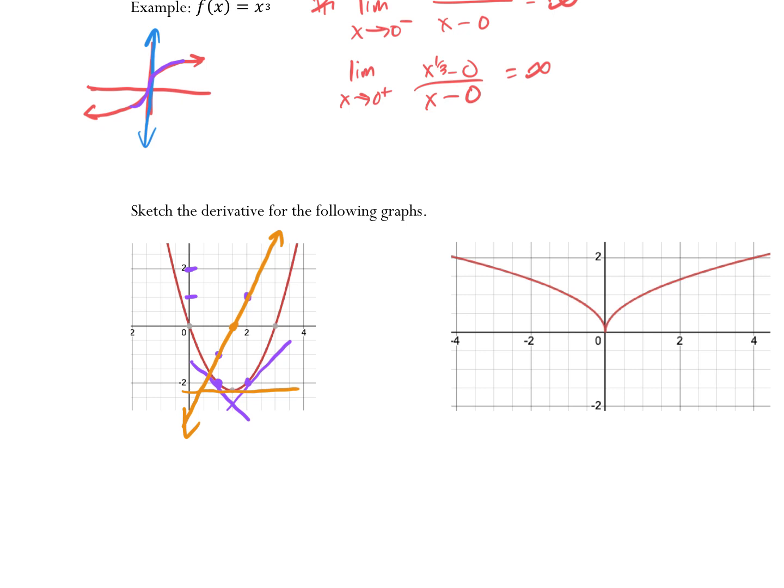Now, you guys, what is the original graph? What kind of function? X squared. It's of the form x squared plus ax plus b, however you want to think of it, but it's definitely a parabola. There might be something in front of that x squared, but in this case there isn't.